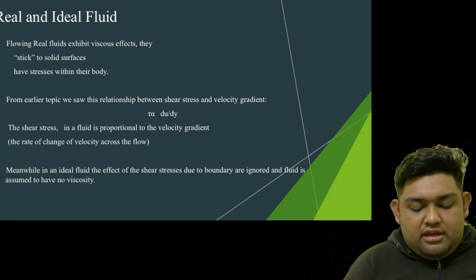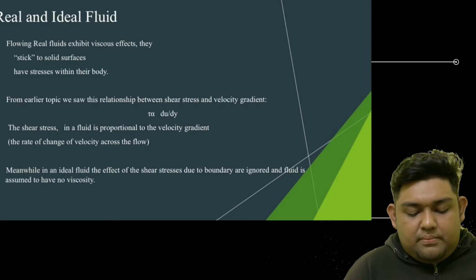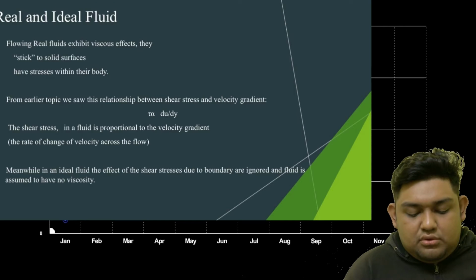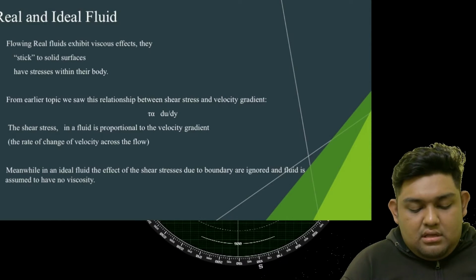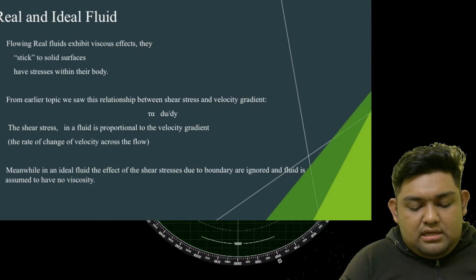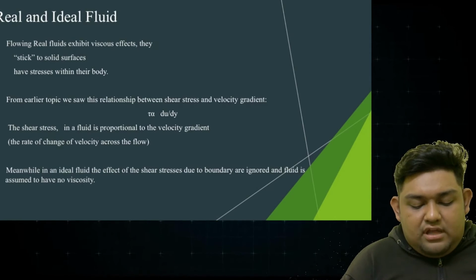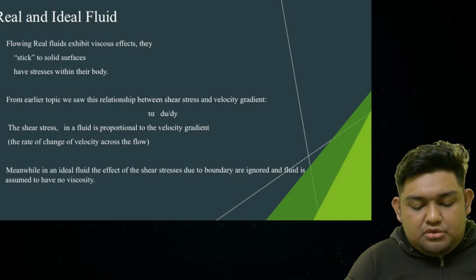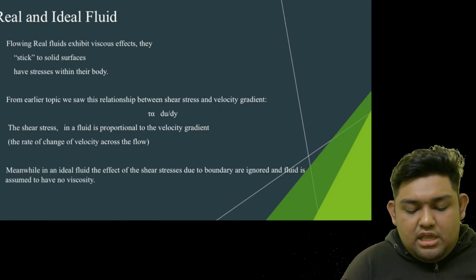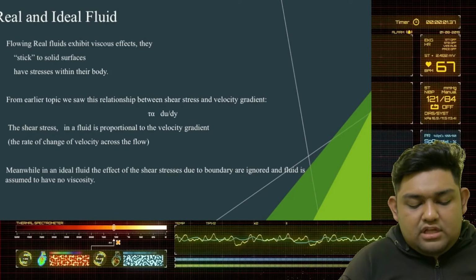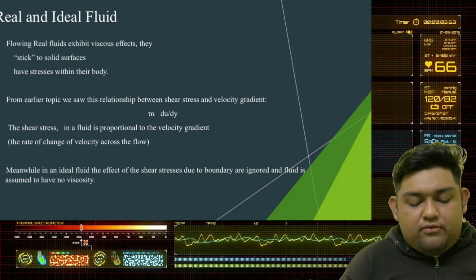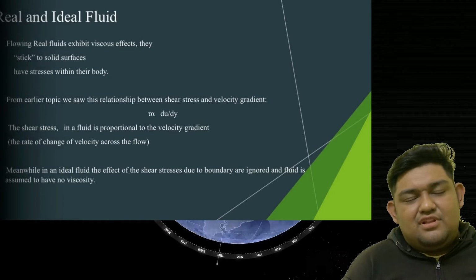The shear stress in a fluid is proportional to the velocity gradient. Meanwhile, in an ideal fluid, the effects of shear stress due to boundaries are not considered. The fluid is assumed to have zero viscosity.